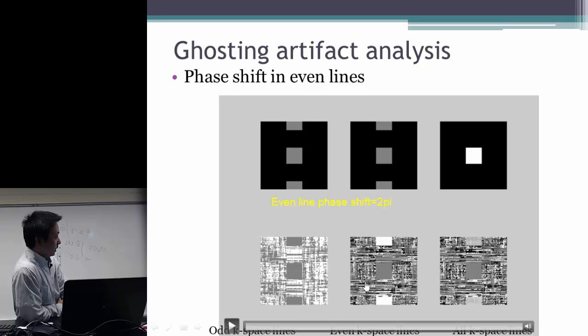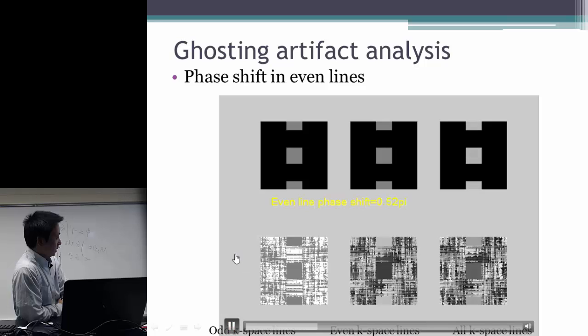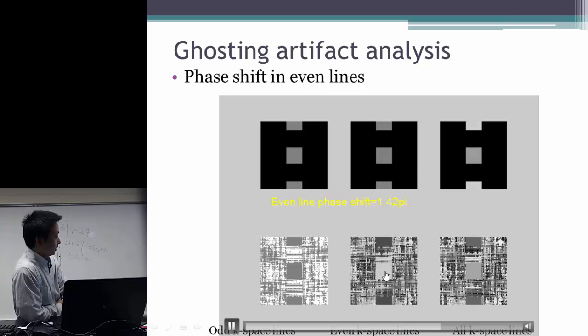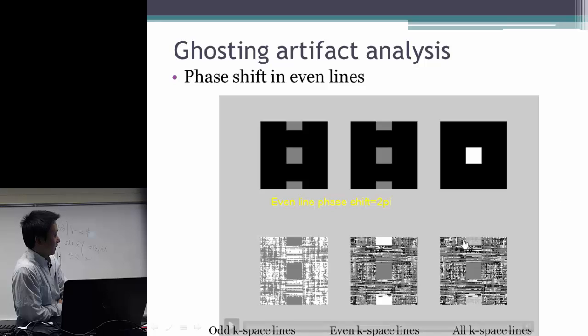And then this time we also take a look at the phase. So when this goes in, suddenly it will change signs. All right, so that means when the phase shift in the even lines changes, we can see both the phase and the magnitude of the outcome change.